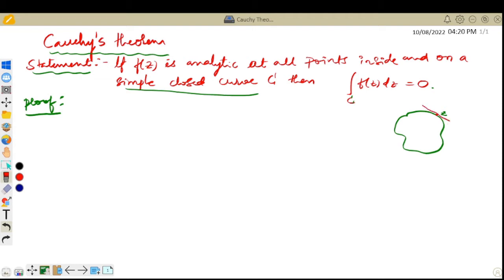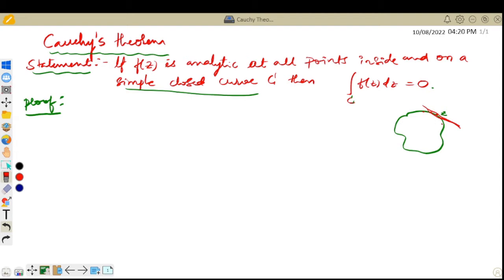Derivative means there exists a tangent at this point, and also in the neighborhood of this point. Then we say that it is analytic. Now f(z) is analytic at all points on this curve, and the curve is closed. Then the integration of f(z) over this curve should be equal to 0.